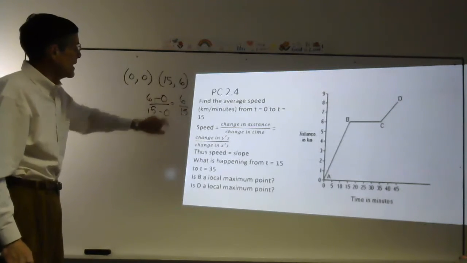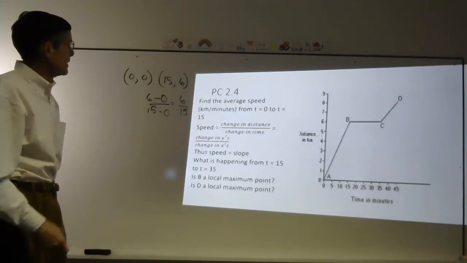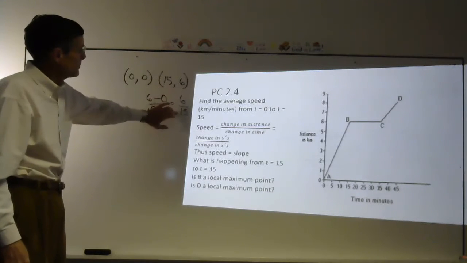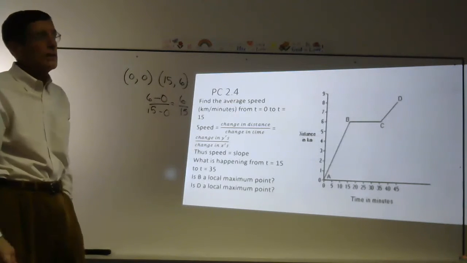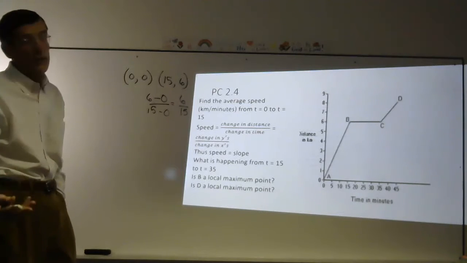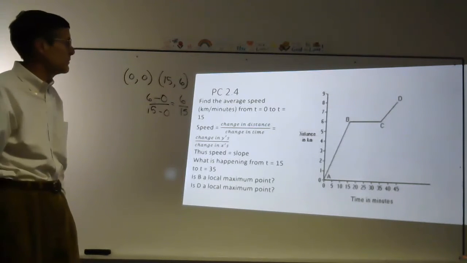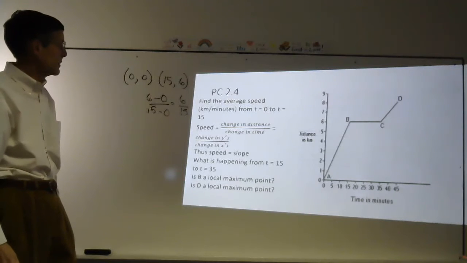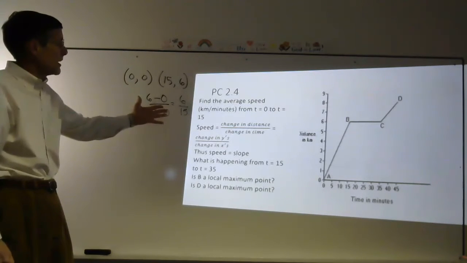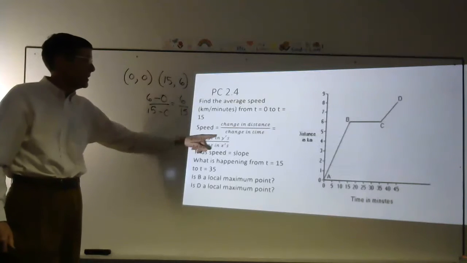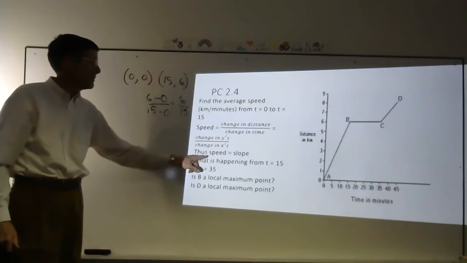So reduce it down. 3 into 6 is 2. 3 into 15 is 5. 2 kilometers per every 5 minutes, or basically 0.4 or 2/5 per minute, okay? And this ought to look remarkably like something you already know about. The change in y's over the change in x's.